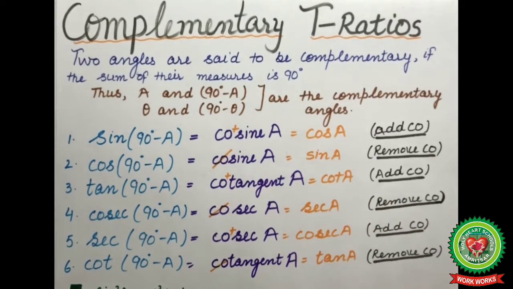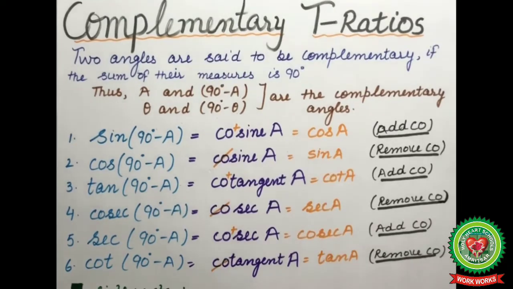Now students, in T ratios also we are having complementary T ratios. Like sine is a complement of cosine, cosine is a complement of sine, tan is a complement of cotangent, cosecant is a complement of secant, and secant is a complement of cosecant, and cot is a complement of tangent.